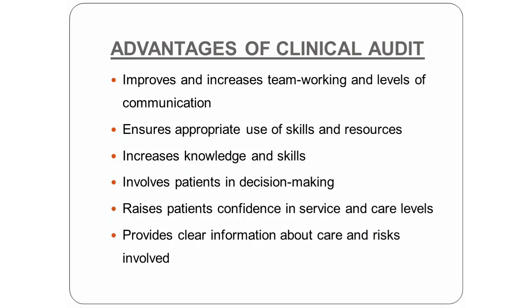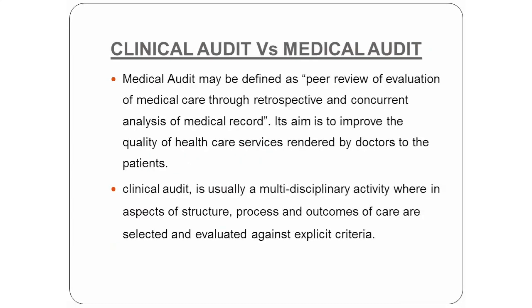Now moving to this slide, clinical audit and medical audit. These are different kinds of audit, and right now I'm going to explain what they are. Clinical audit, as I already told you, is a quality improvement activity wherein aspects of structure, process and outcomes of care are selected and evaluated against particular criteria.